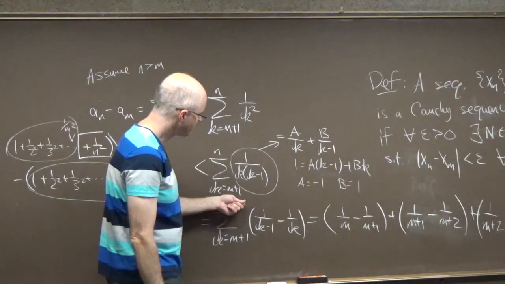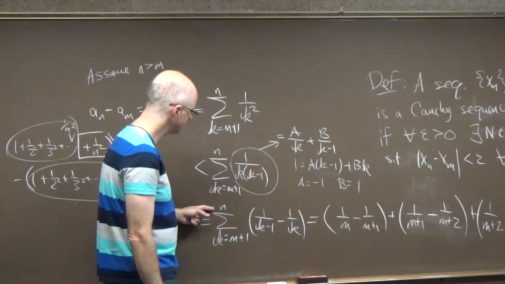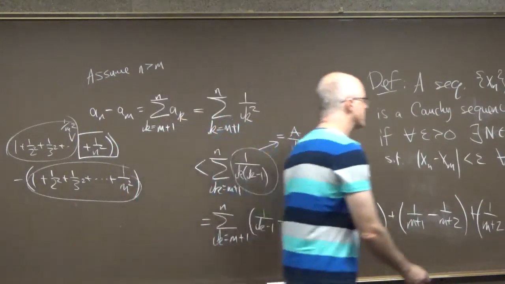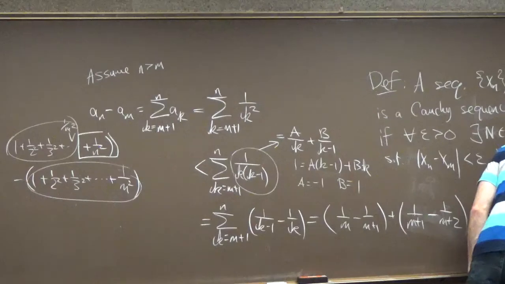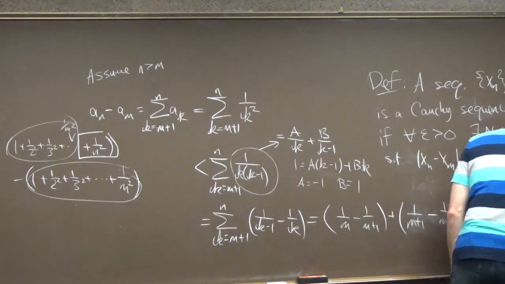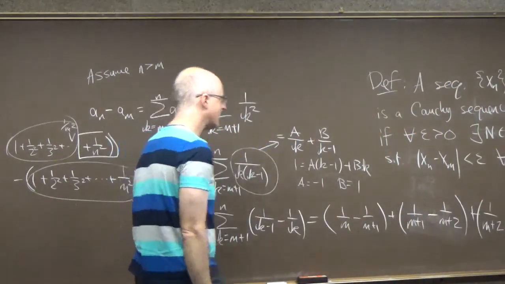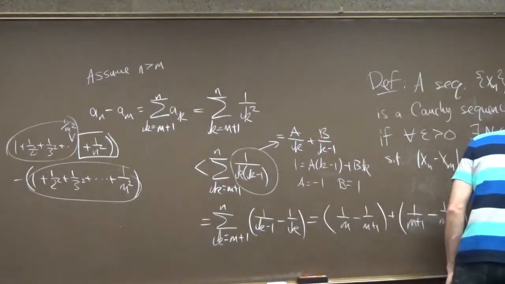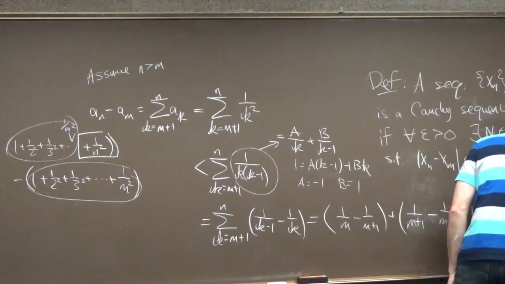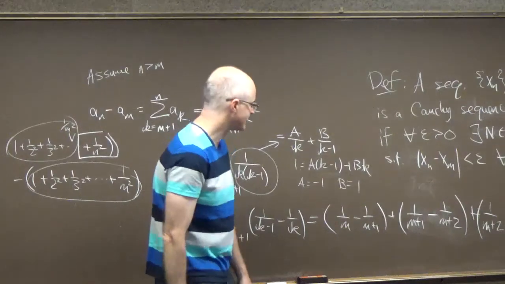When k is n, I get 1 over n minus 1 minus 1 over n. Maybe I should consider the second to last case as well. When k is n minus 1, I get 1 over n minus 2 minus 1 over n minus 1. A bunch of stuff cancels.